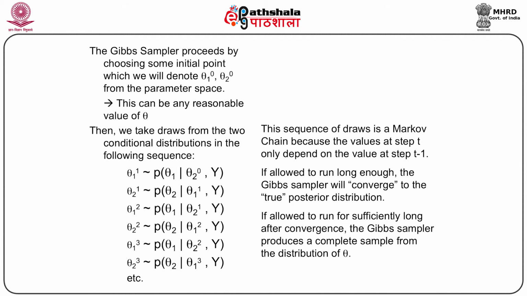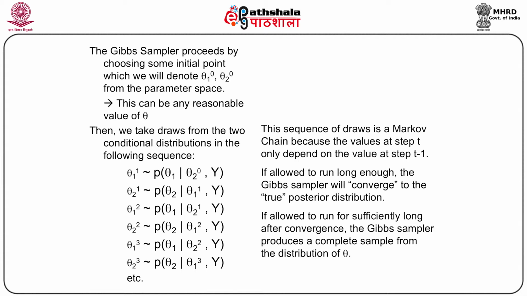The Gibbs sampler proceeds by choosing some initial point or starting value, which we denote as θ1 superscript 0, θ2 superscript 0, from the parameter space. This can be a reasonable value of θ; for example, sometimes we can even take the maximum likelihood estimate if possible.